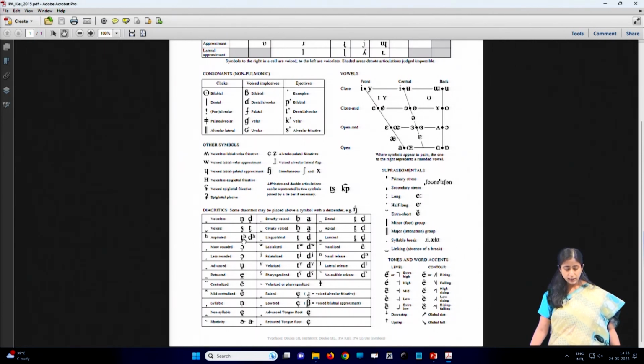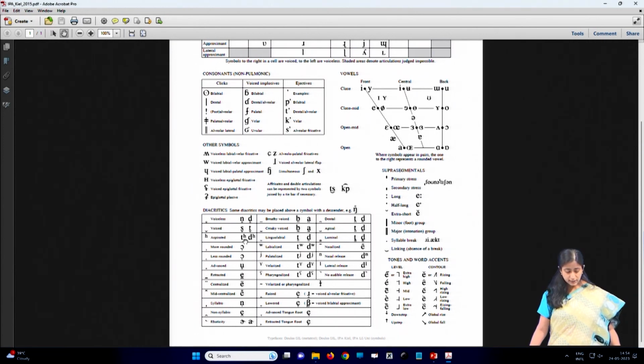So, I am saying t and then I am saying th, or I am saying p and then ph. When you try to articulate ph, you can understand that in ph you are putting more effort, more force. So, more air is coming out of your mouth. In those cases the sounds become aspirated.